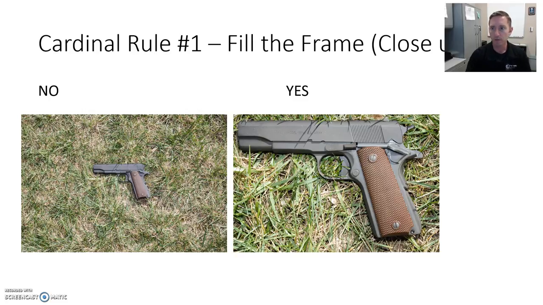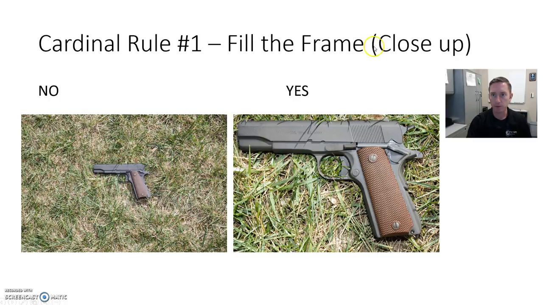We want to fill the frame for close-ups. The idea is that when we are in close, we should be able to read stuff. So this is not filling the frame. You have all this grass, all this extra stuff here, and you can see it's a gun, but you can't see anything else.